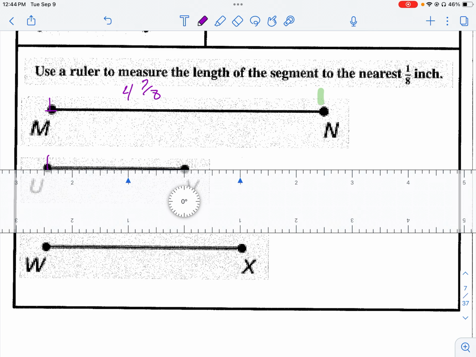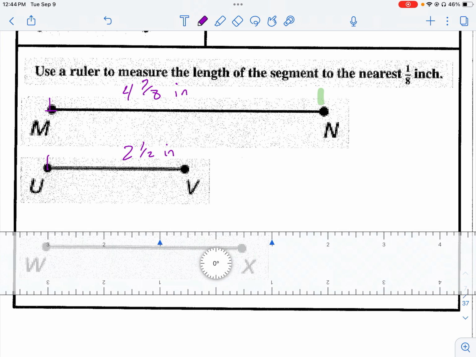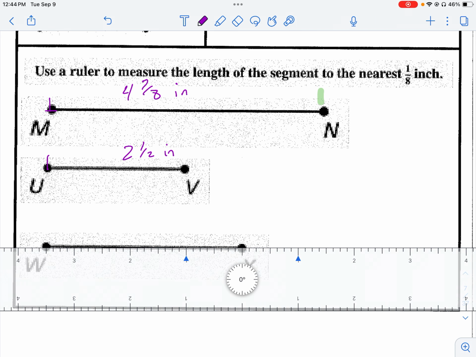So we got to make a value judgment, and I'm going to call it 2.5. 2.5. I don't know why it's inches. This was also inches. So let's come down to our last one from the middle to the middle. And that's going to be, boom, right on 3.5.